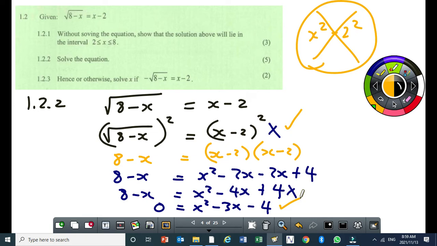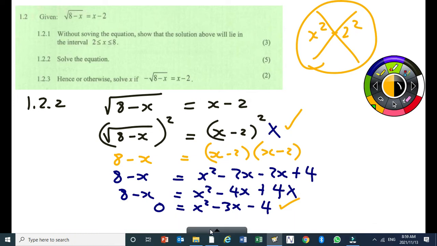The third mark is for factorization, okay, which is what I'm going to do now. So I want you to be aware that even though I'm going to do it by factorization, you can still use the quadratic formula. Be aware. Okay, if you get stuck here in terms of factorizing, use the quadratic formula.